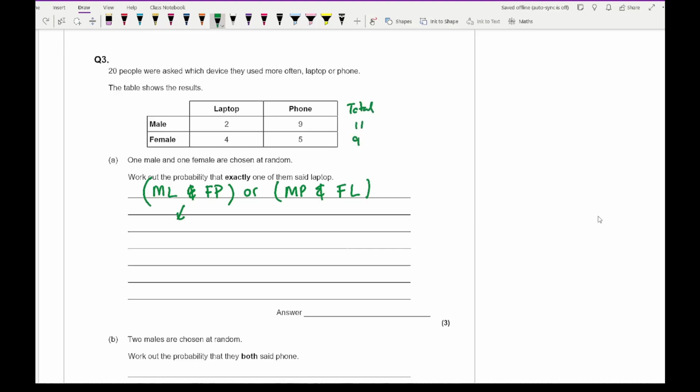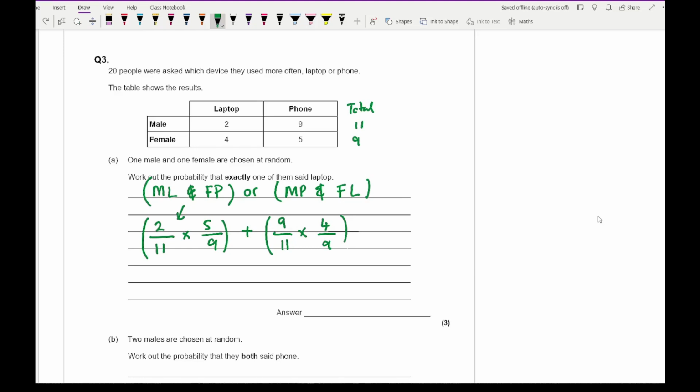So it's going to be 2 out of 11 multiplied by the female having a phone, well, that's going to be 5 over 9, or we've got male having a phone, which is 9 over 11 times 4 over 9.